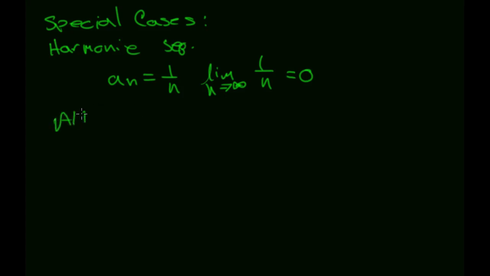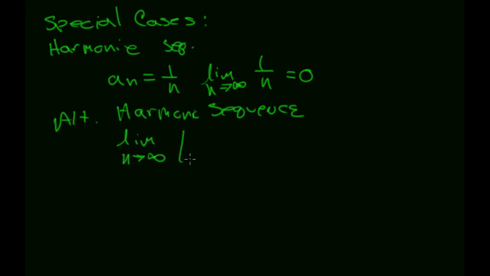We have a thing called the alternating harmonic sequence. In this case, we're going to take the limit as n approaches infinity of (-1)^n over n.